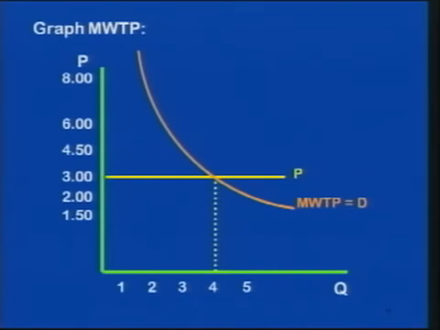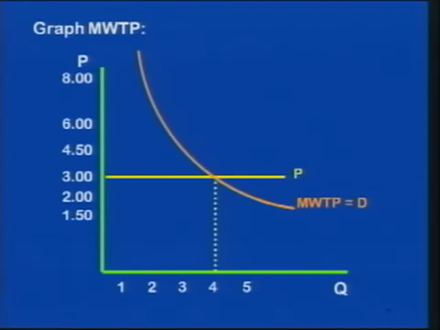So now I want to convince you that this marginal willingness to pay curve that we obtained by asking those hypothetical questions, what's the maximum you'd be willing to pay, is actually the same as the person's demand curve. A demand curve tells you at any price how much the person is willing to buy at that price. So let's suppose, just as an example, that the person was facing a price of $3. How much would this person decide to buy?